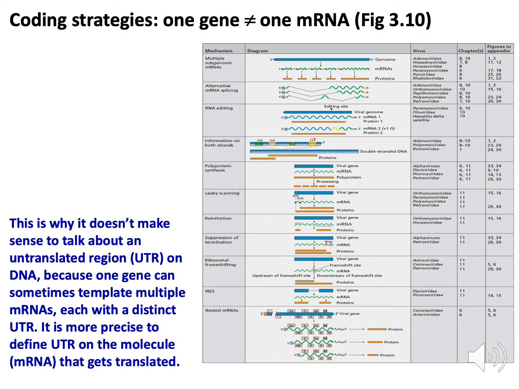The other thing that's really critical, and I alluded to it in the last class, is that for viruses, with compact genetic material, one gene doesn't necessarily mean one messenger RNA. And so this figure gives you a sense of, for example, a nested set of related RNAs that might have different untranslated regions, different translational start sites.